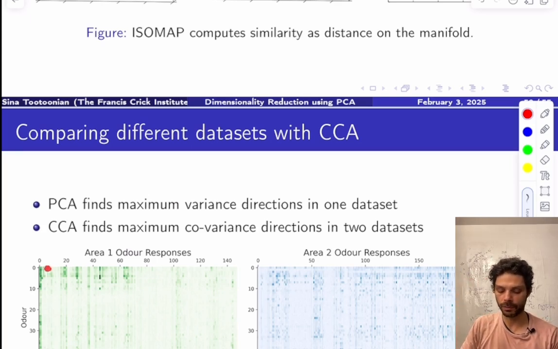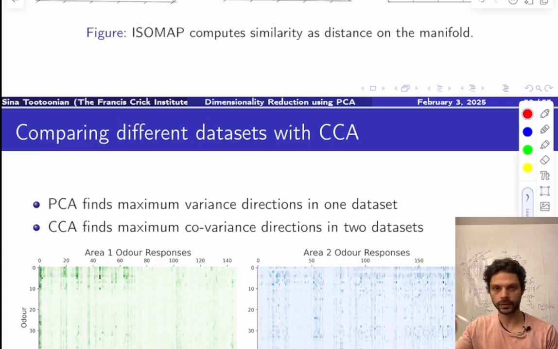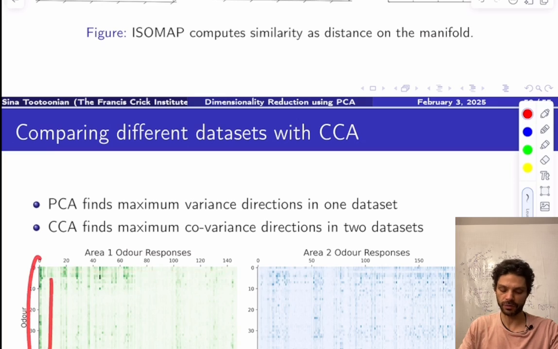But what we can do is look for projections against a pseudo direction in this space and a pseudo direction in that space, where if you project the data onto those directions, there's high covariability, for each of these odors. So I'm going to pick a pseudo neuron here. It's going to have 48 odor responses. I'm going to pick a pseudo neuron here. It's going to have 48 odor responses. I'm going to then compare those.